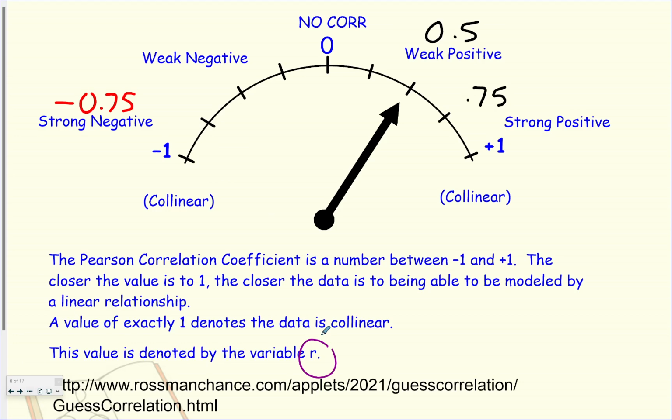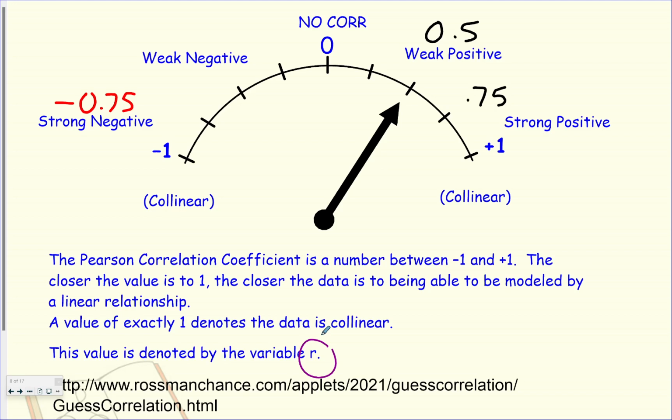The gods have spoken. Anyway, this value can exist between -1 and +1. Think of it like a percentage, if you will, where it's telling you the strength of the correlation. 0.5 is 50% related. 0.75 is 75% related.